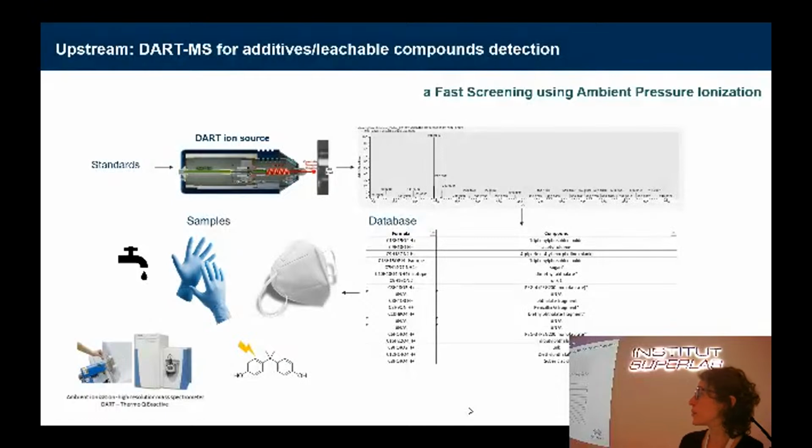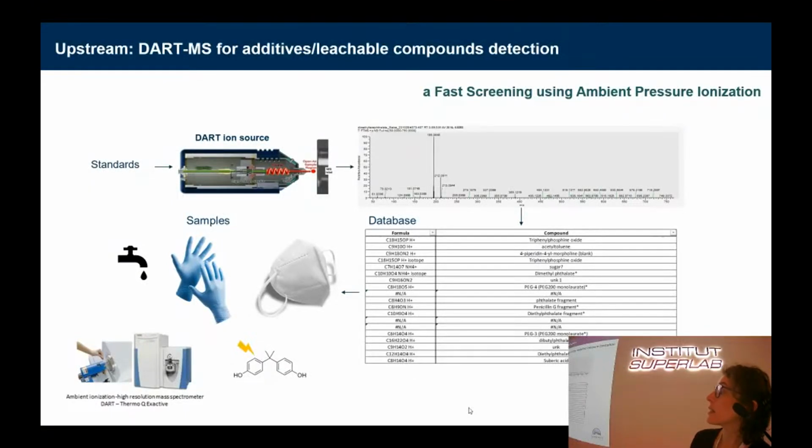Currently, under the UPSTREAM project, we are using a very fast screening technique, where we can, of course, build the database of different leachable compounds, and then for different materials in the leaching.